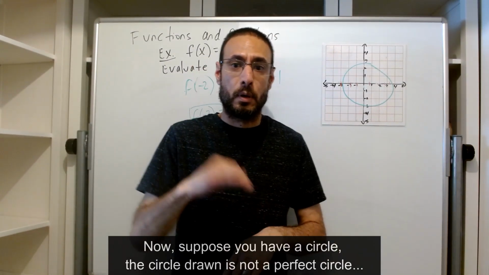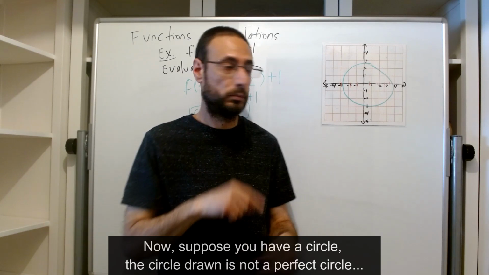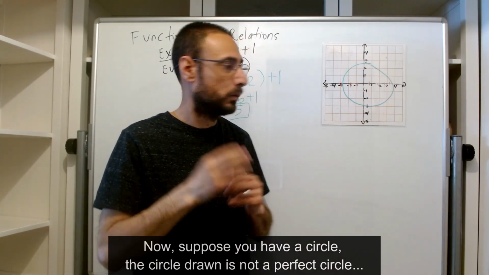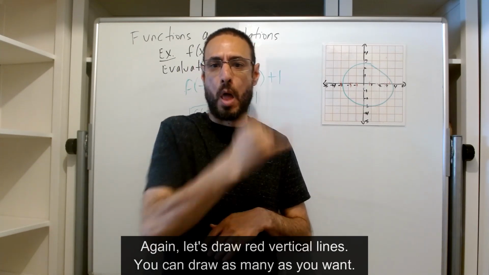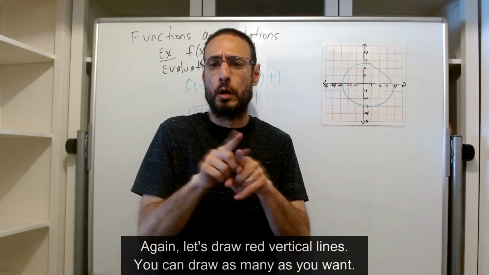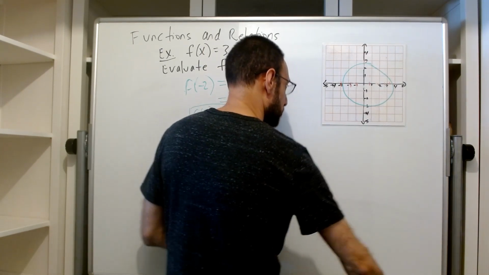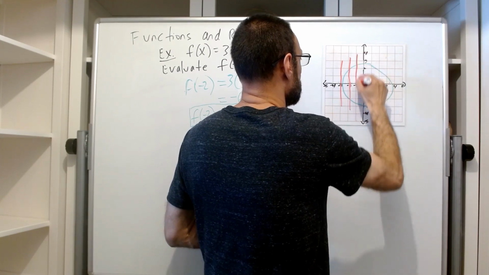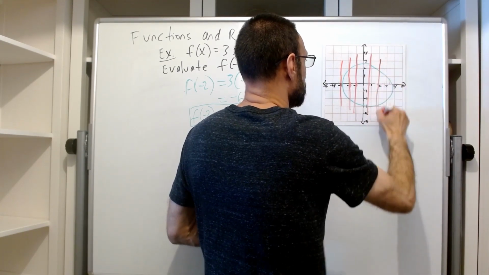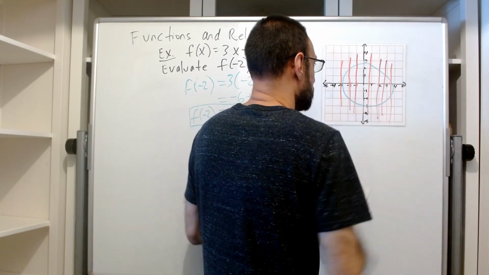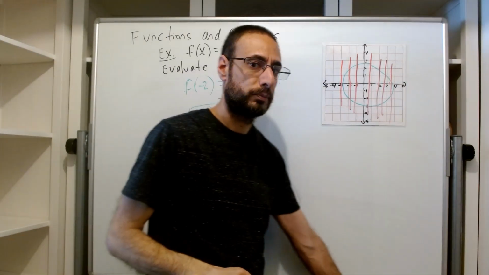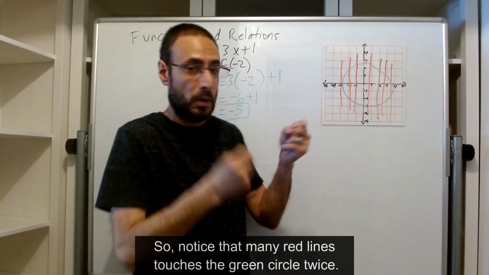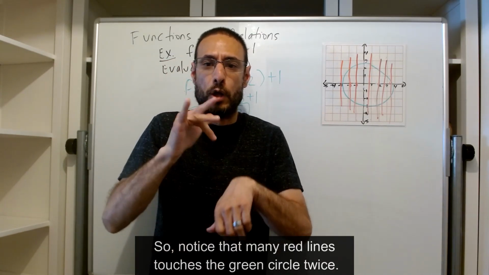Now, suppose you have a circle. The circle drawn is not a perfect circle. Again, let's draw red vertical lines. You can draw as many as you want. So, notice that many red lines touch the green circle twice.